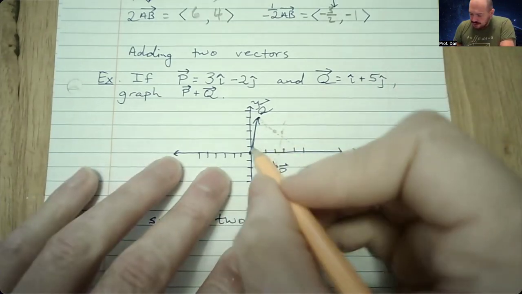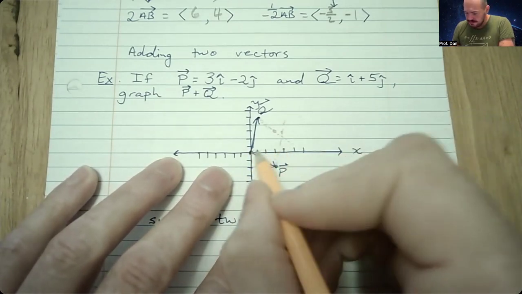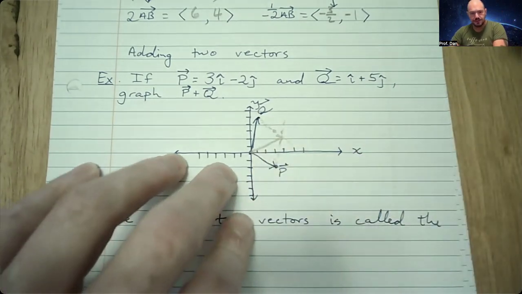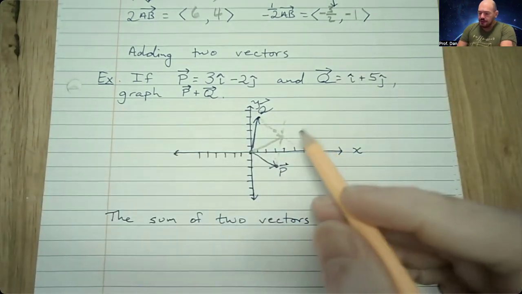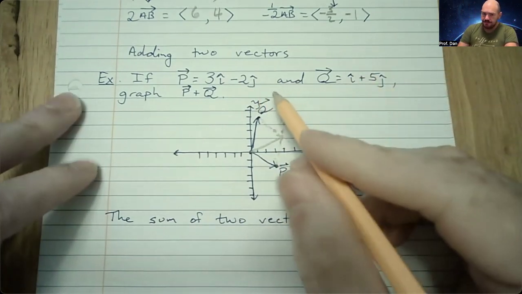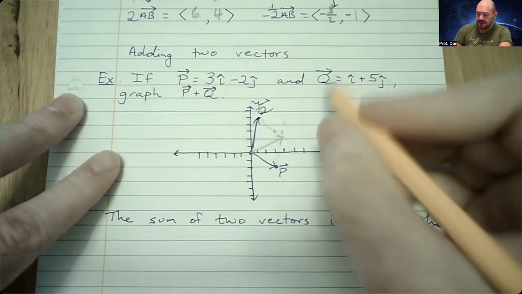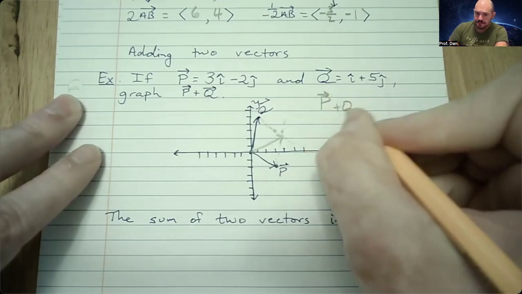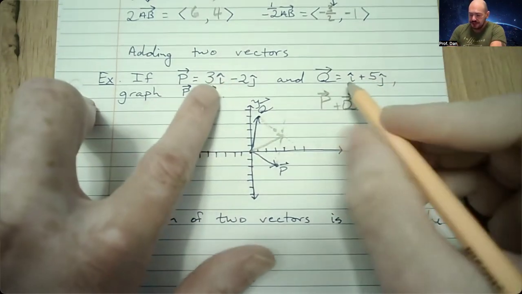Now, if I were to draw from the origin where these two vectors meet, I would end up getting a vector that looks like that. Let's do a little math here. If I add these two vectors together, the resulting vector would have an x component of 4, right?